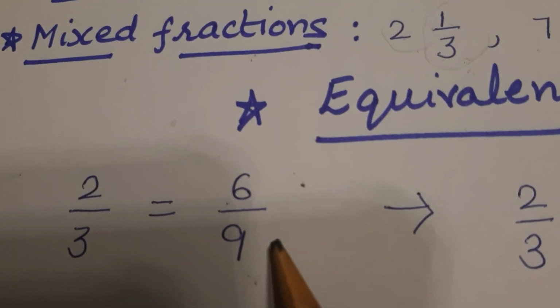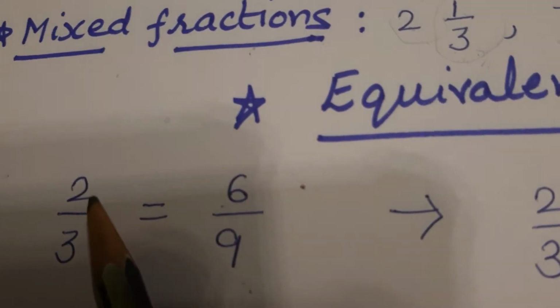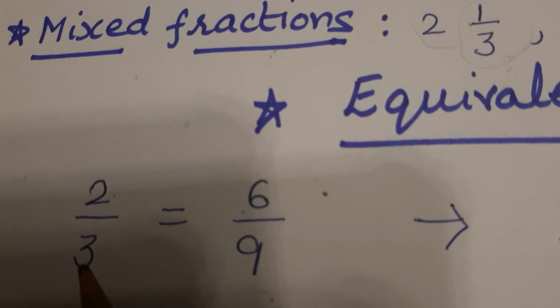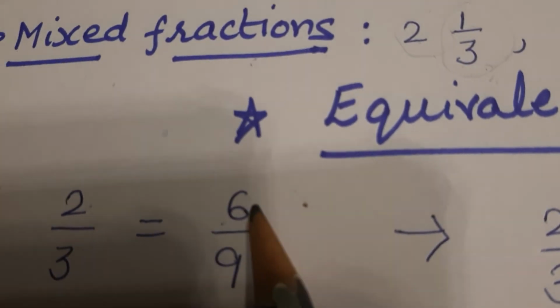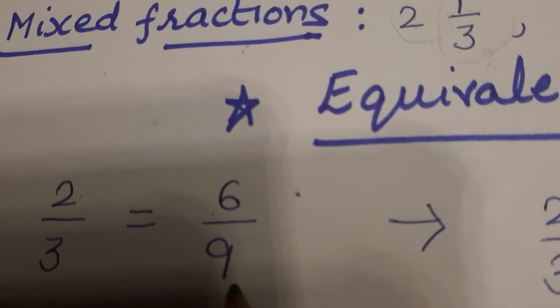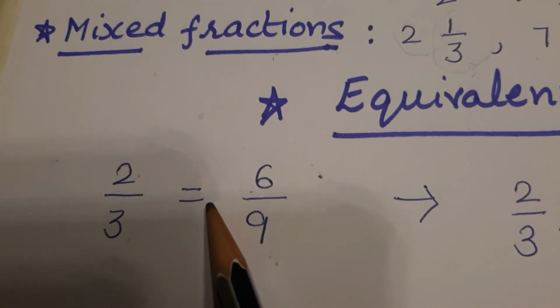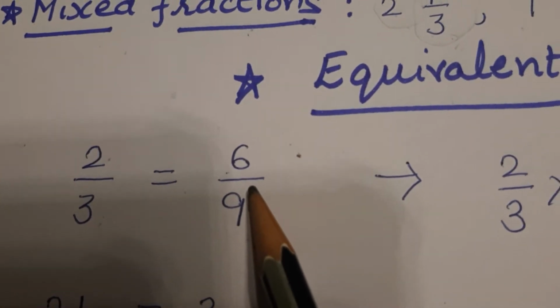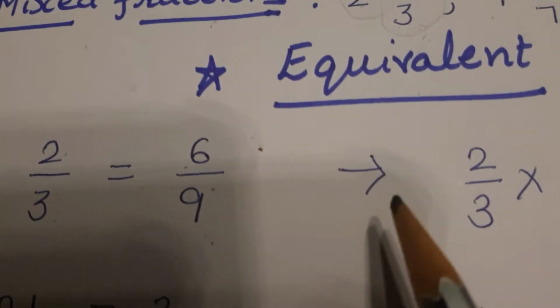They are not looking the same. This is 2 by 3, here the numerator is 2 and the denominator is 3. Here the numerator is 6 and the denominator is 9. But even then I have put them equal. Why? Let's see.